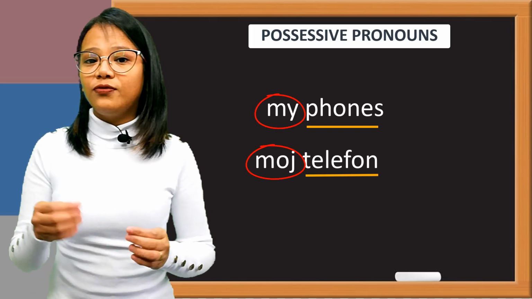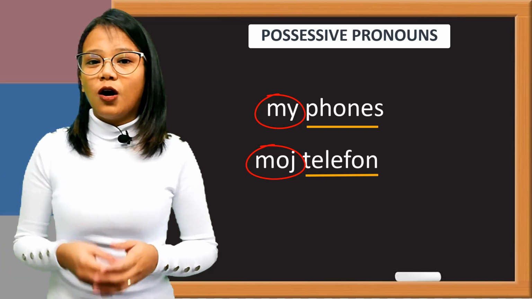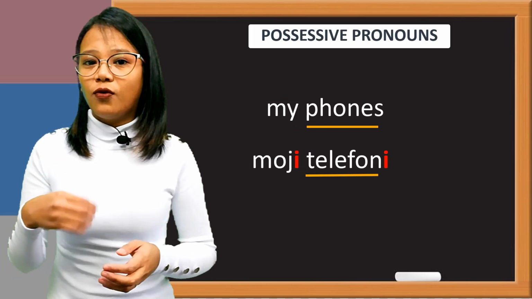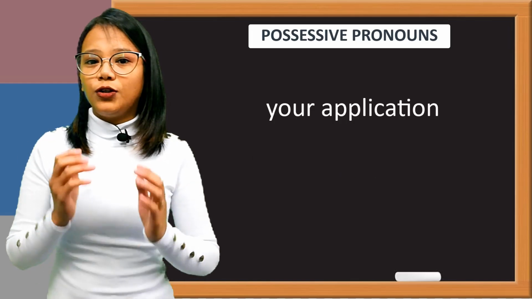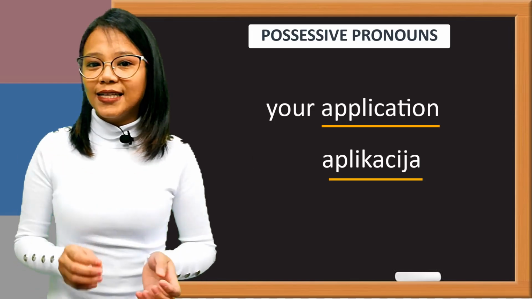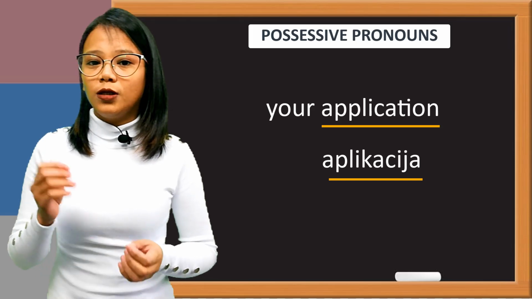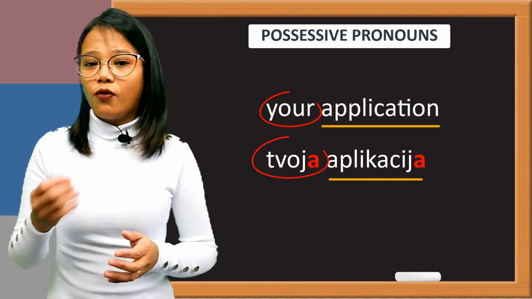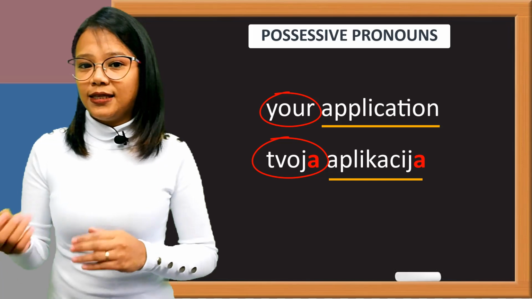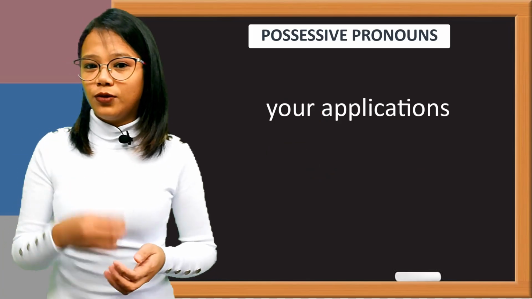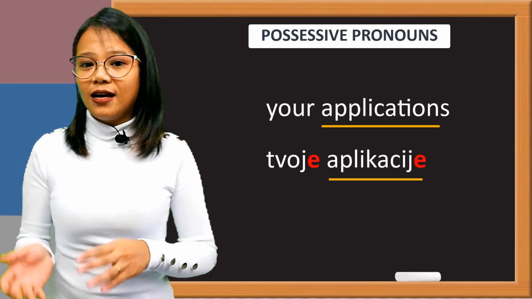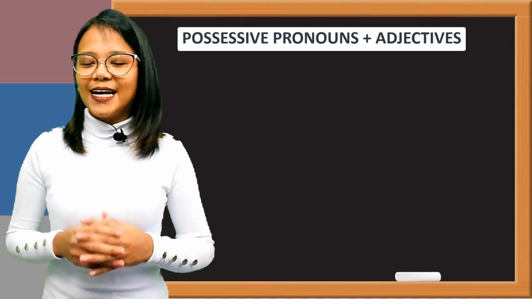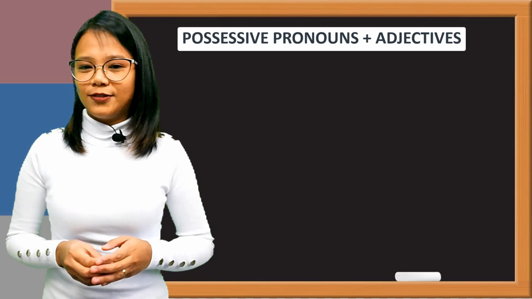Or my phones in plural form. Moji telefoni. Let's have another example. Your application. Aplikacija is feminine, so we will use tvoja. Tvoja aplikacija. Or let's have the plural form. Your applications. Tvoje aplikacije.